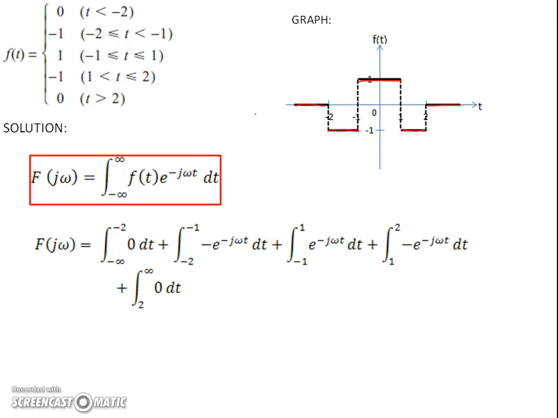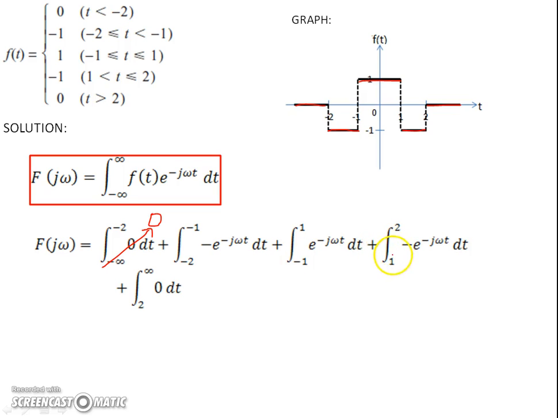So from minus infinity to -2, f(t) is equal to 0, so the integration would be 0. For -2 to -1, it's -1, so the integral would be minus exponential minus j omega t dt. From -1 to 1, it would be exponential -j omega t dt.